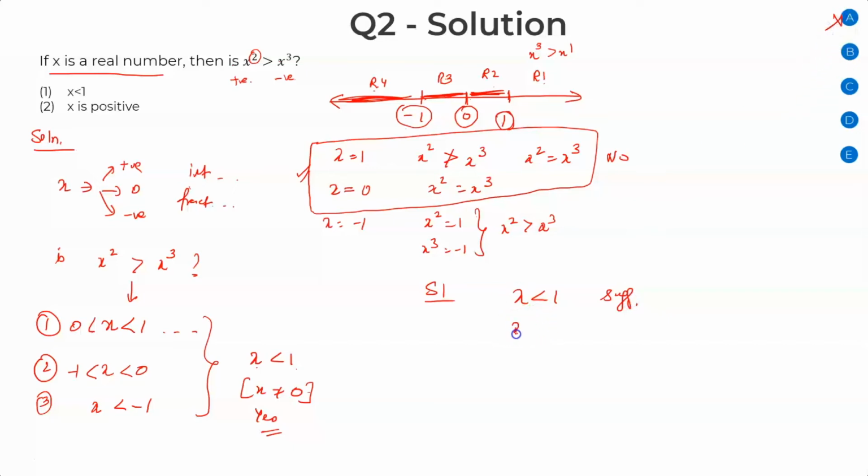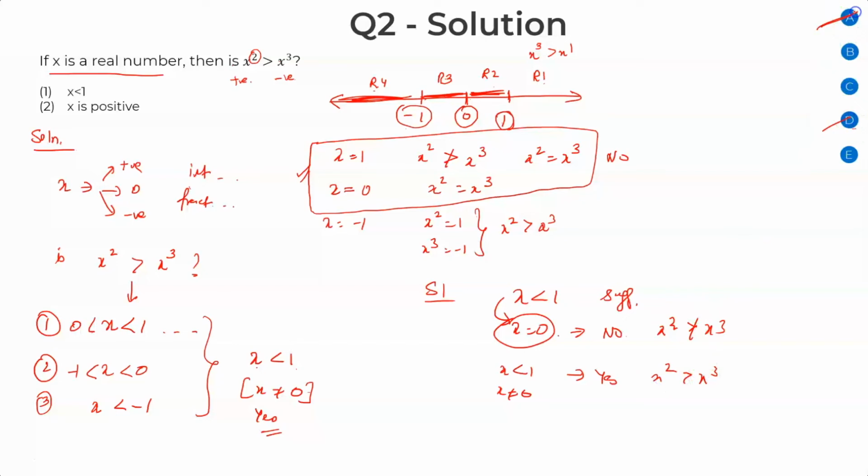Because x less than 1 also includes x equal to 0, right? So if x equal to 0, the answer is no, x square is not greater than x cube. Apart from that, for the rest of the values, x less than 1 where x is not equal to 0, the answer is yes. Since you're getting two contradictory cases, you'll say that this is not sufficient. So the answer cannot be A or D.